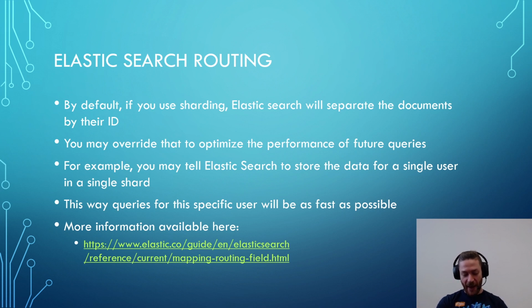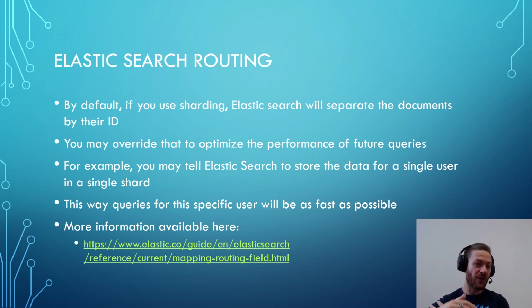Routing is an extra option you can use to query your data. By default, if you use sharding, Elasticsearch will separate the documents by their ID, their original ID. You can override that to optimize the performance of future queries. You may tell Elasticsearch to store the data for a single user in a single shard if you constantly search for data coming from a single user.